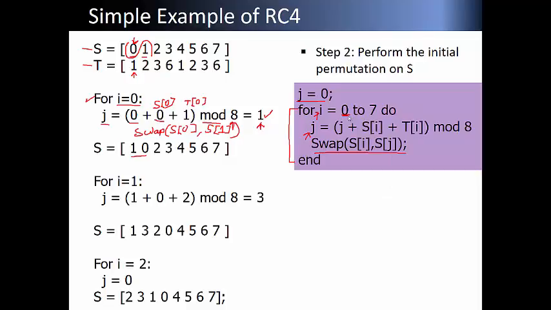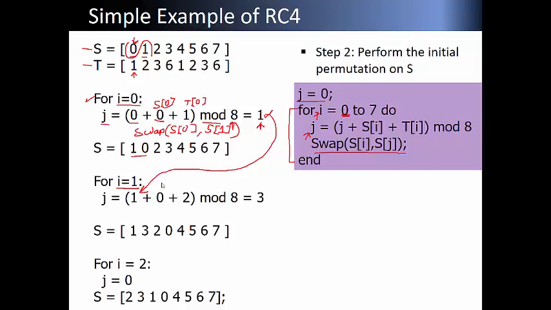This for loop starts from 0. So now we need to think of the second iteration, i equals 1. When i equals 1, we also compute j. j equals j plus S of i and T of i. So j, which is the previous j, here is 1. So that is j.